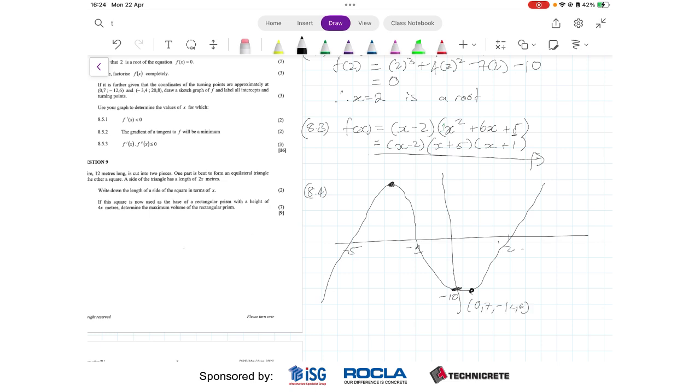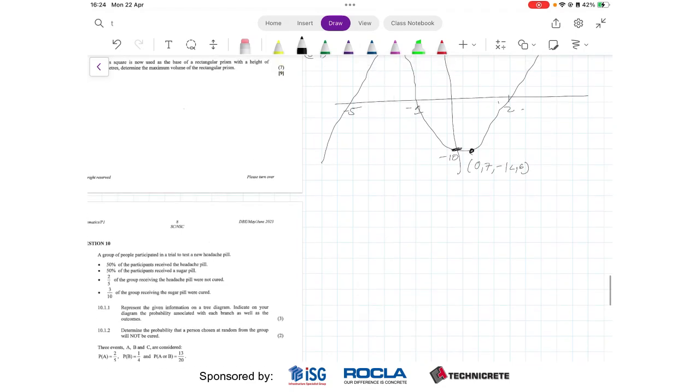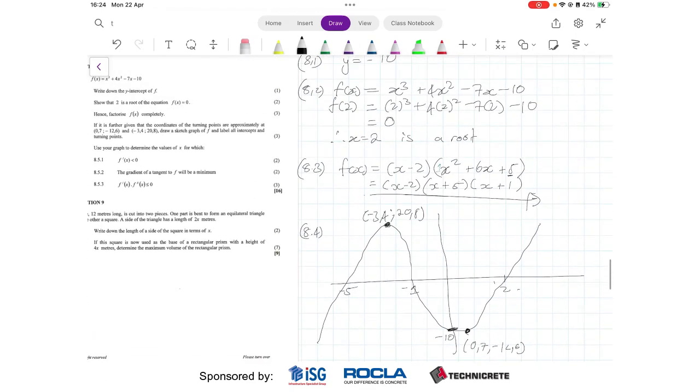And the second turning point is (-3.4, 20.8). And there is our graph with all required intercepts and turning points.